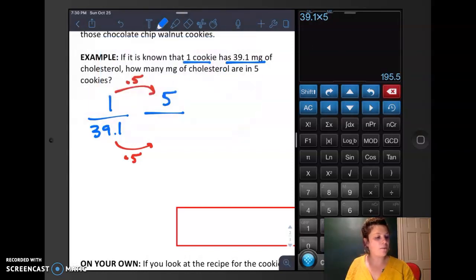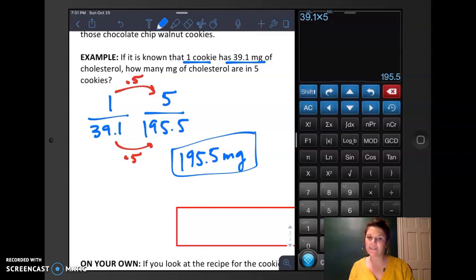I'm not a doctor, I don't know, but seems like a lot of cholesterol if you eat 5 cookies. So our final answer is going to be 195.5 milligrams of cholesterol.